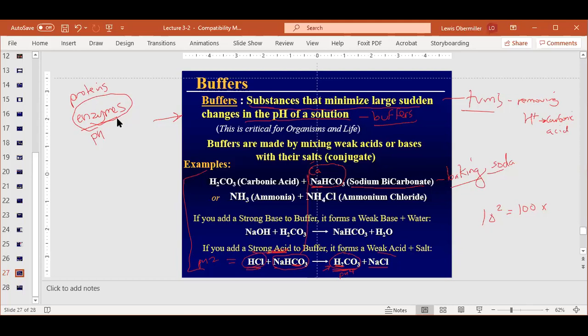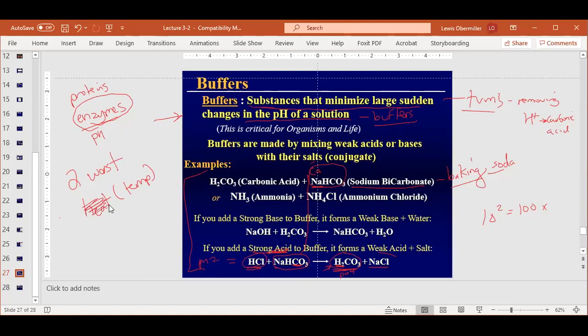Same thing with pH. So the two worst enemies of living systems are temperature, which is the average kinetic energy (so it's not really the same as heat, but let's use temperature), and pH.